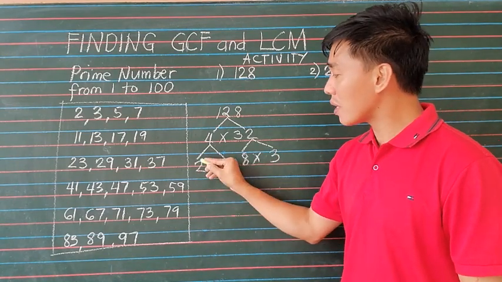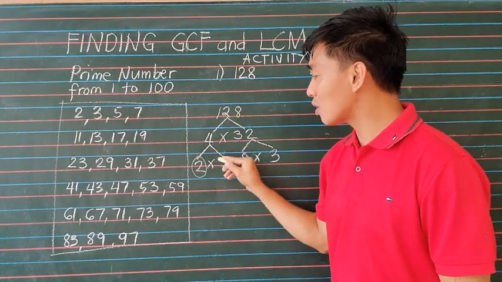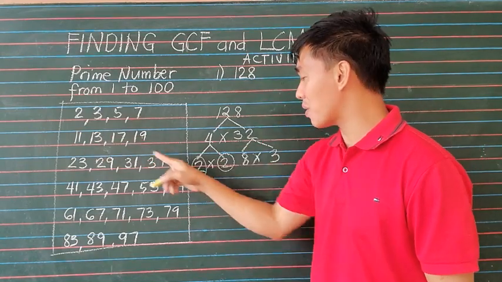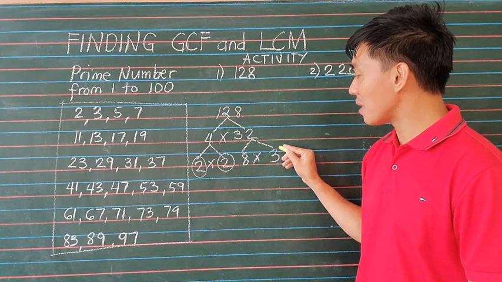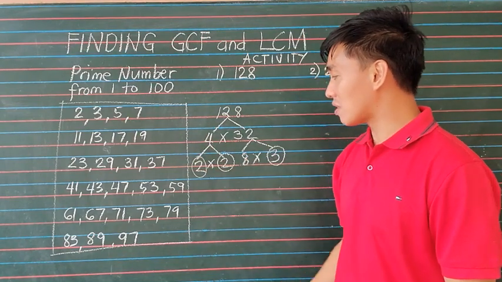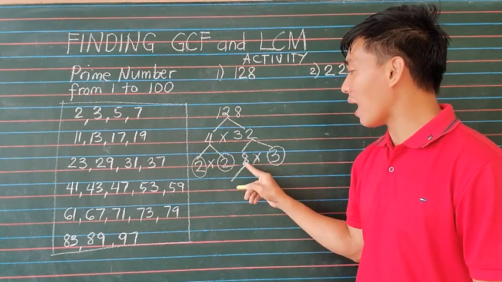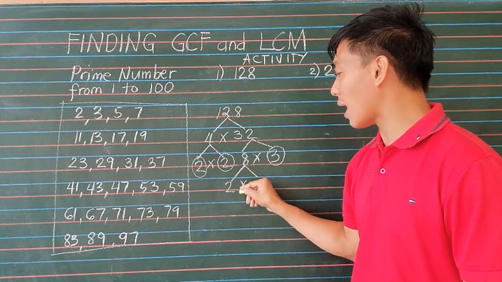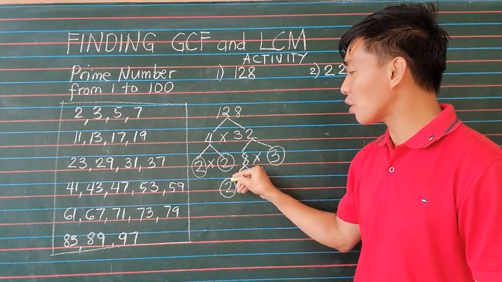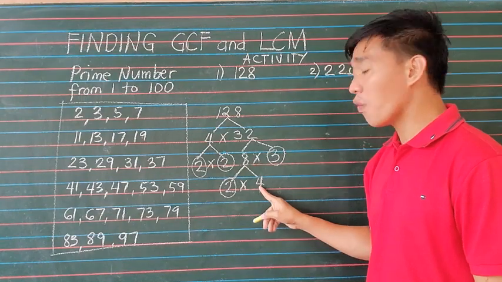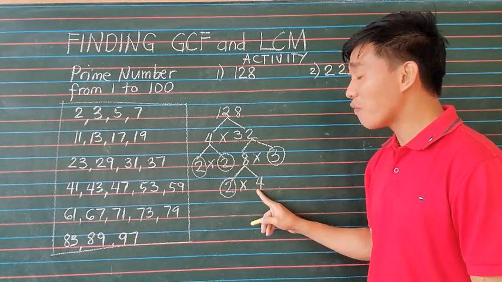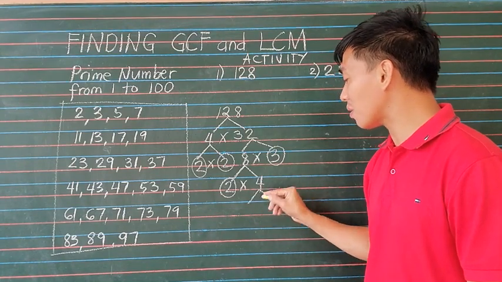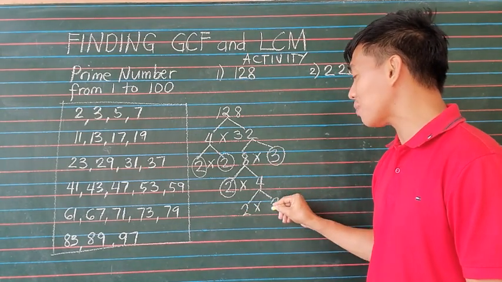Now, 2 here is a prime number, and 2 here is also a prime number. However, 8 is not a prime number, and 4 is not a prime number. So this time, we could still factor out 8 to 2 times 4. 2 is already a prime number. However, 4 here could still be split or factored out to 2 times 2.